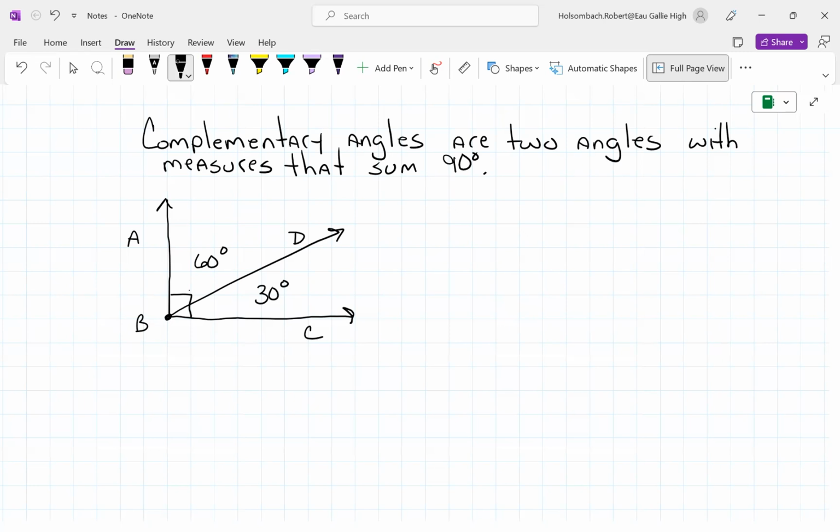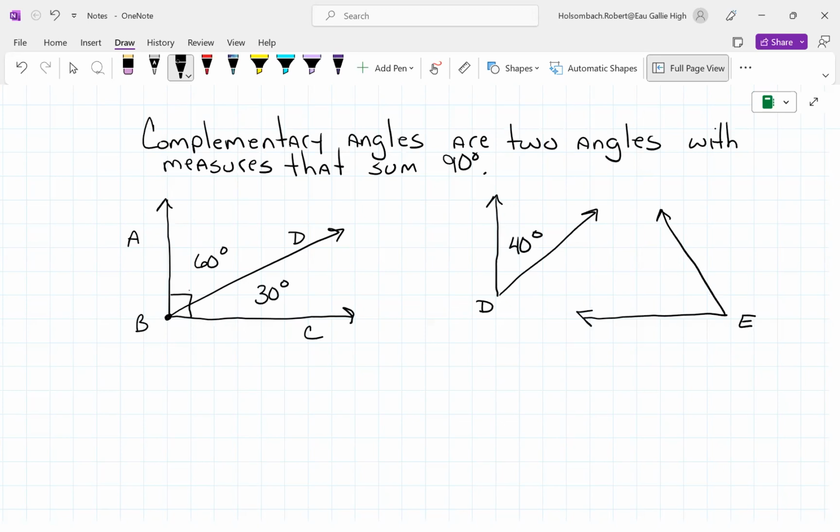You can also just have two angles. You can have angle D right here, and let's call it 40 degrees. And then you could have another angle next to it, not touching it, not a part of it.